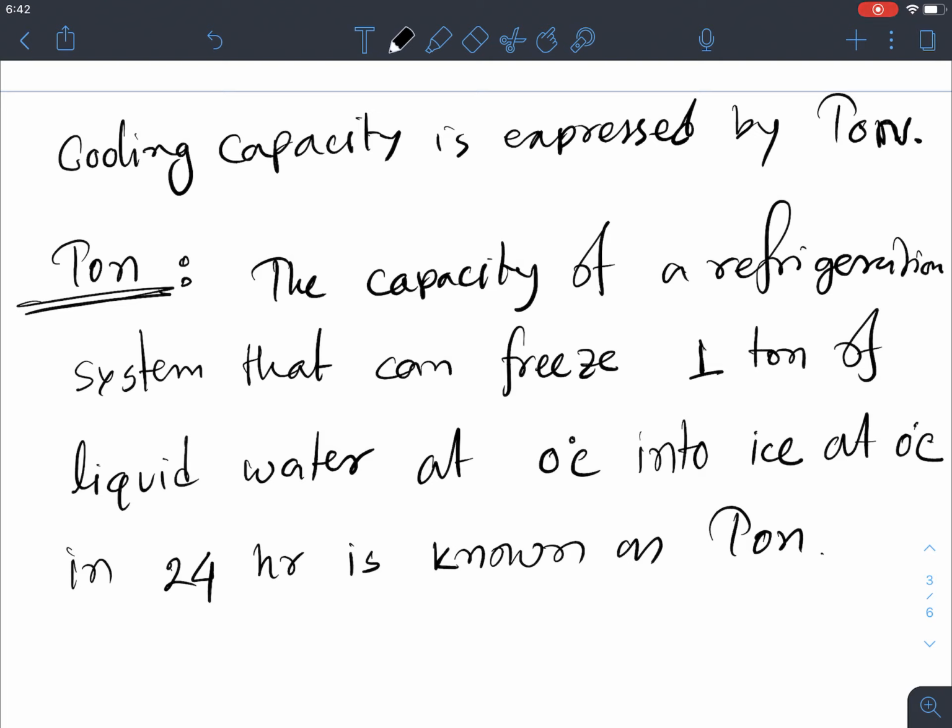Okay, so the capacity of a refrigeration system that can freeze 1 ton of liquid water at 0 degrees Celsius into ice which is also at 0 degrees Celsius in 24 hours. Okay, so that's the definition of the ton.